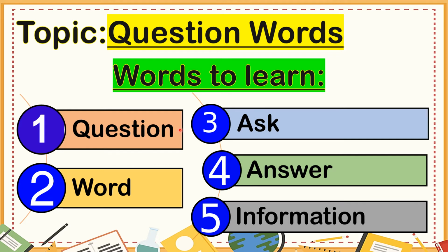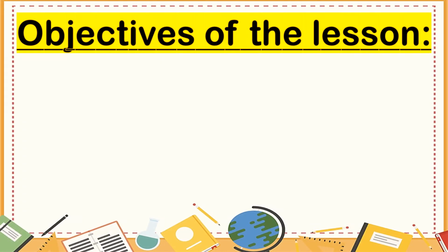Let's read them again. Question, word, ask, answer, and information. Let's proceed to our discussion. Now class, before we proceed with our formal discussion, let us read the objectives of the lesson.